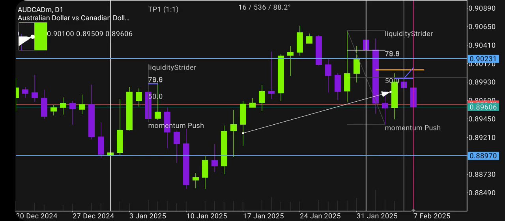This Thursday's candle, I call it a respect candle, and I should see some rejection on the 50% retracement of the momentum push. You see that wick means rejection, guys. That's the second thing I'll be looking for.